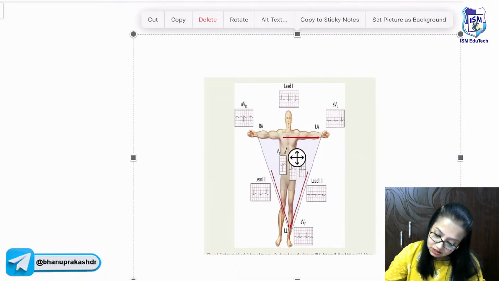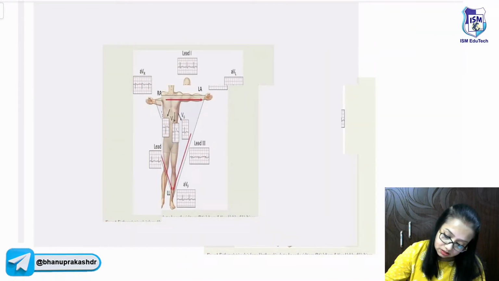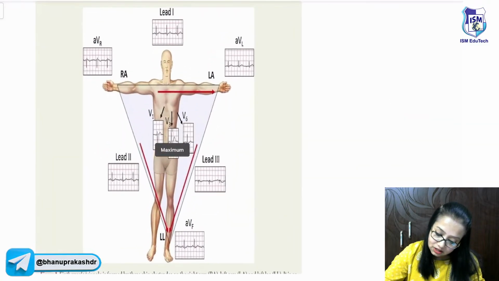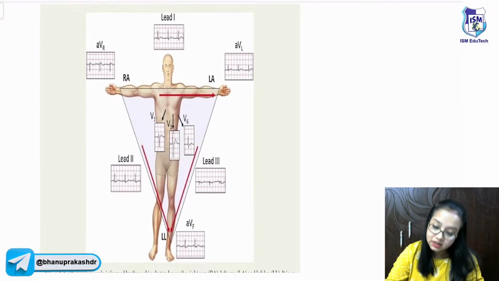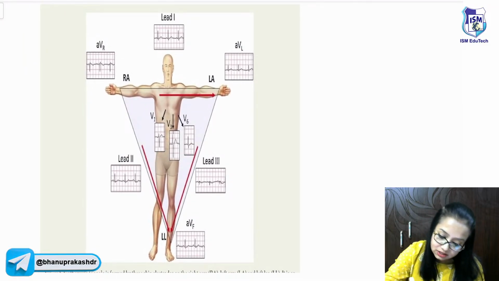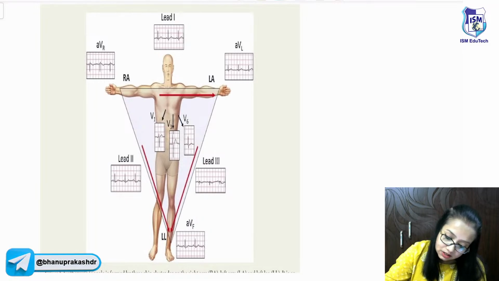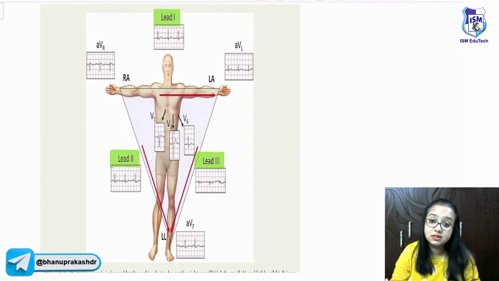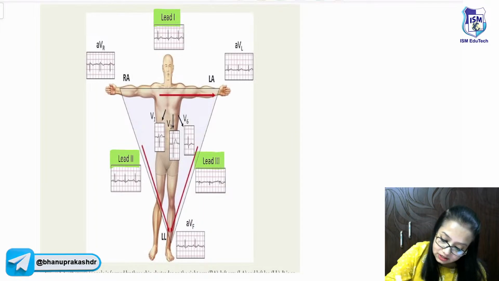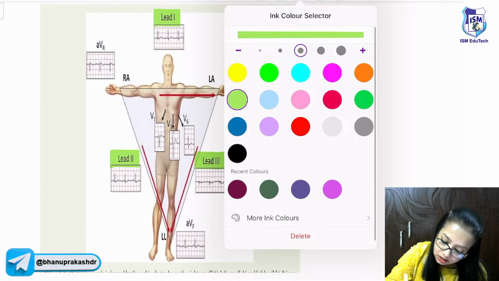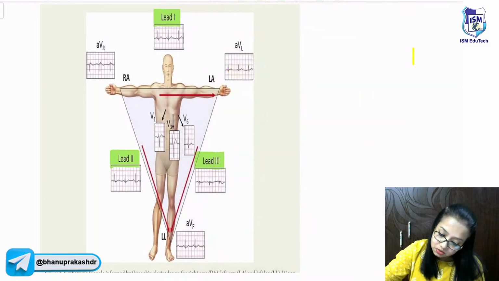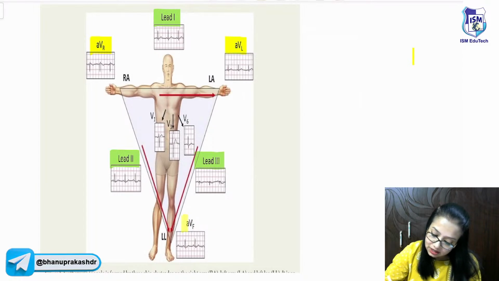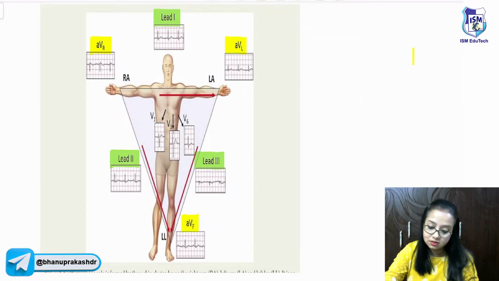So this is a picture where all the leads are placed together. Here you can see our limb leads 1, 2 and 3. These are the bipolar limb leads. We also have our unipolar, the augmented limb leads AVR, AVL and AVF.